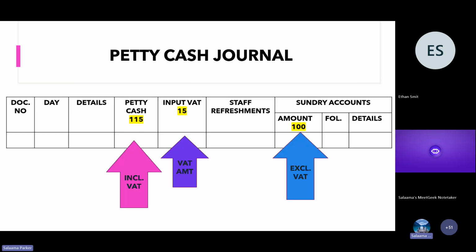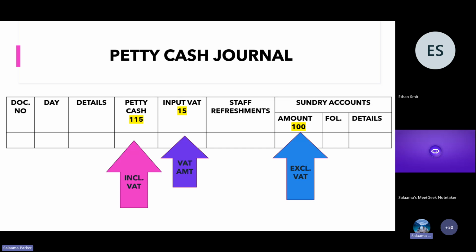So let's look at our petty cash. We only had 2 transactions. Again, we know this is for small payments. Again, document number, petty cash voucher, the day, year.